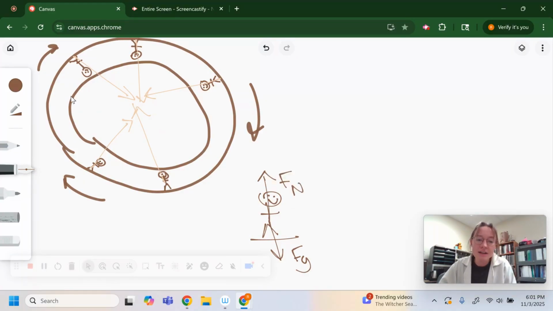If we could calibrate this thing so that it's spinning at exactly the right speed, their inertia would make the normal force exactly equal to the size of their weight. And if the normal force is exactly equal to their weight, it'll feel just exactly the same as when a person is standing on Earth.